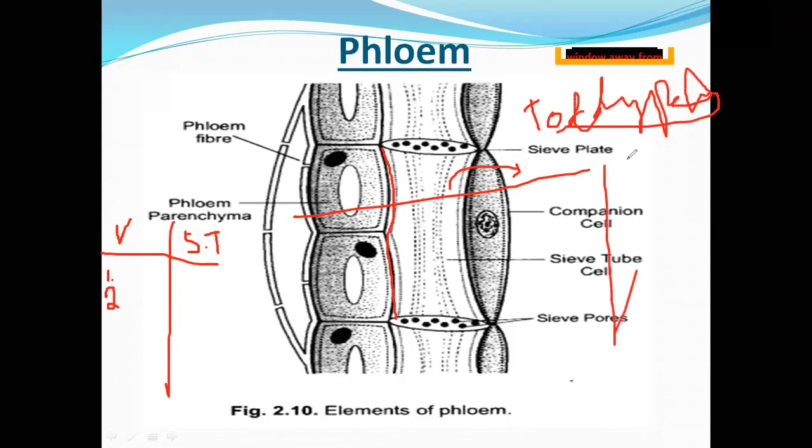When we make some short cuts in the stem, we get a sap, a white milky-like liquid. This is cell sap.